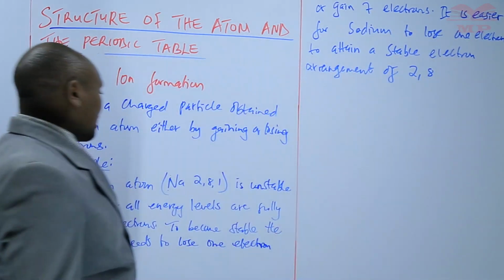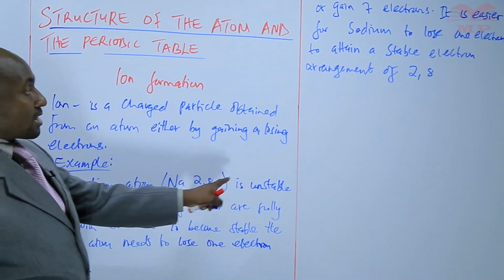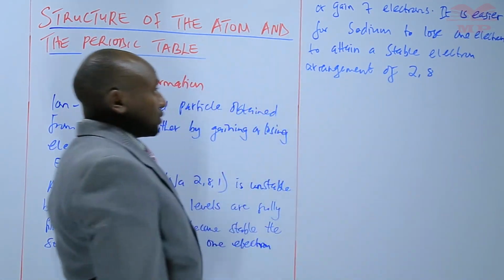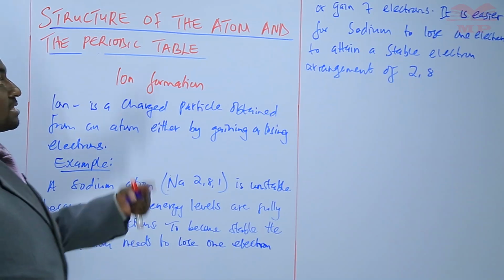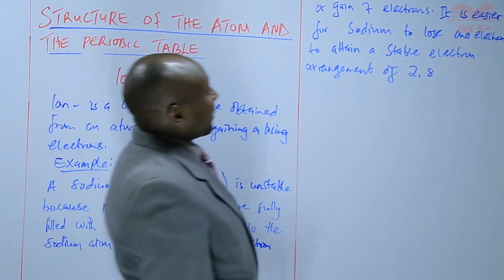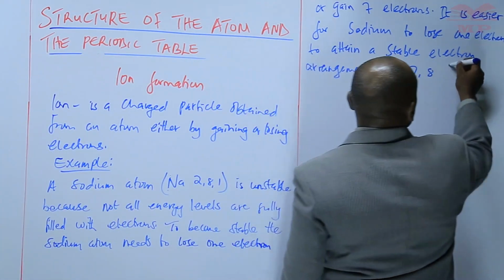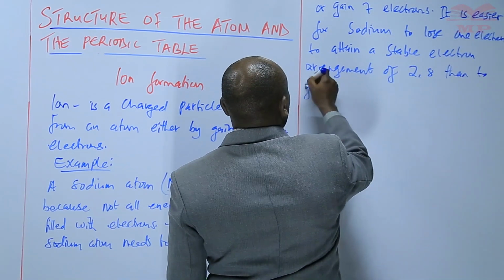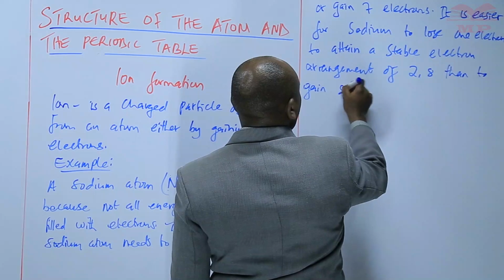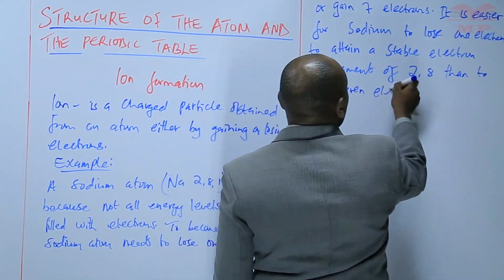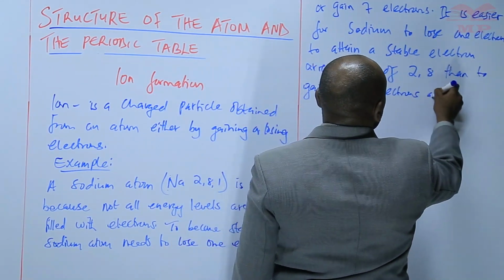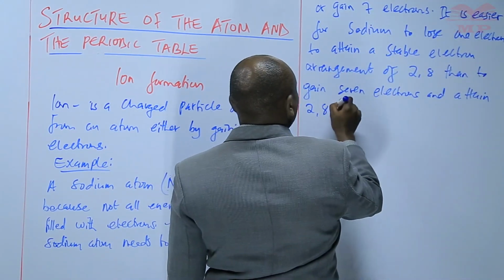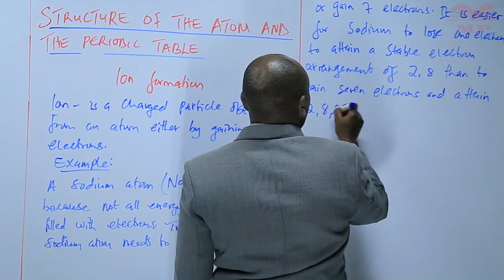So if it loses 1, now it becomes stable. It has all the energy levels filled up with electrons. So it is easier to lose 1 electron than to gain 7 electrons and attain 2,8,8 arrangement.